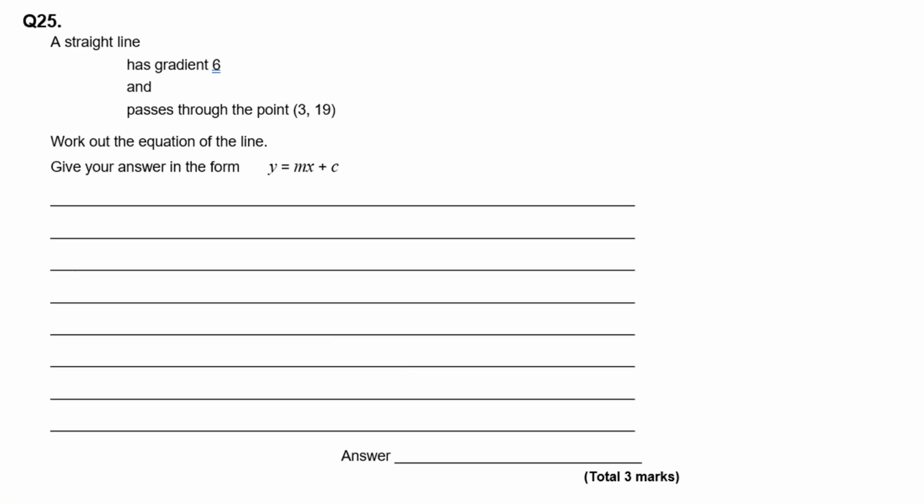Question 25. A straight line has gradient 6 and passes through the point 3, 19. X is 3, y is 19. When a straight line has a gradient of 6, we write it down as 6x. We don't know what the y-intercept is, we write it as c. Then we can substitute 19 and 3 in here. So that could give us 19 is equal to 6 times 3 plus c.